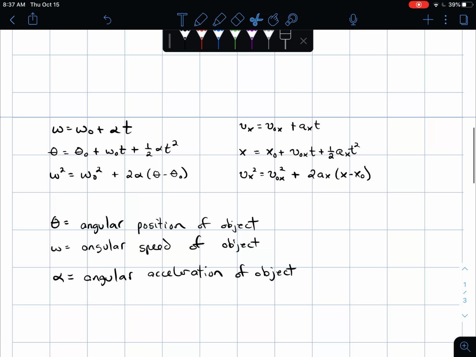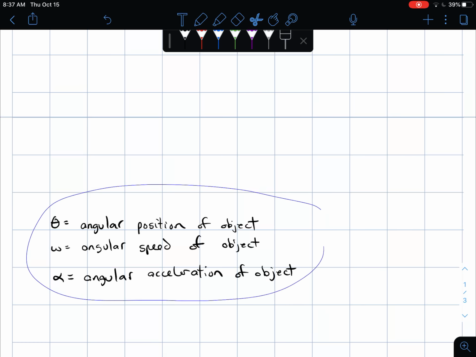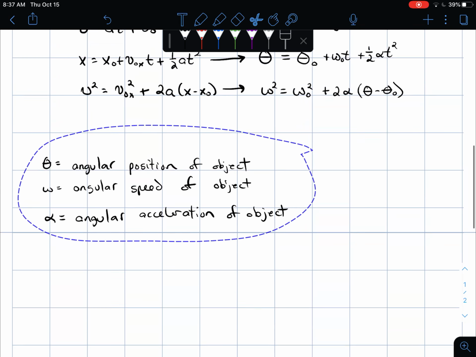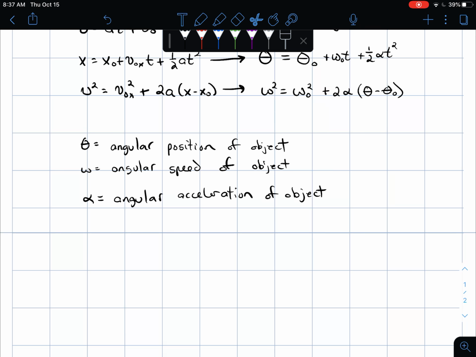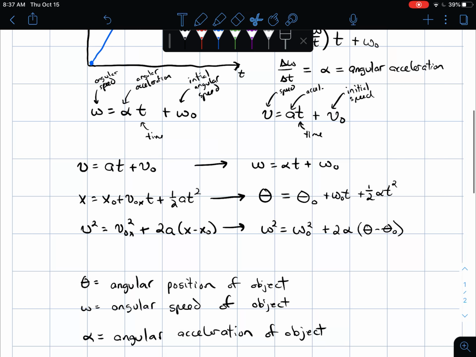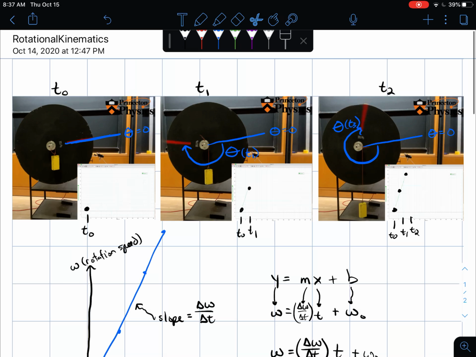Okay, and so this is the stuff that I had before. Let me just bring this up here, and that's the description of what each of those variables mean. Okay, so these are the concepts and equations that you're going to explore as you start to do problems that involve things rotating.